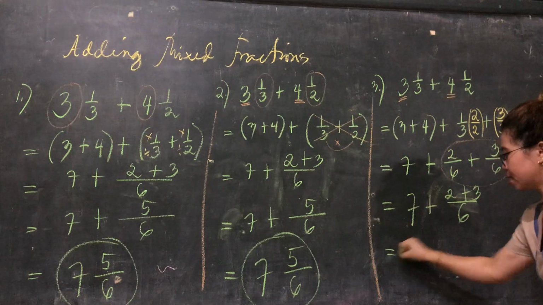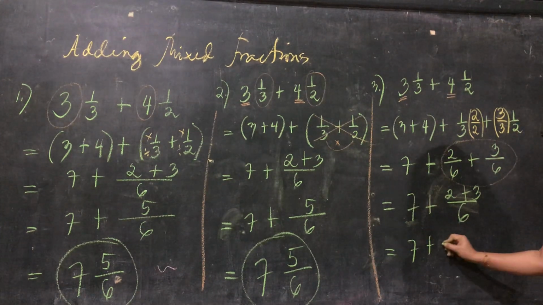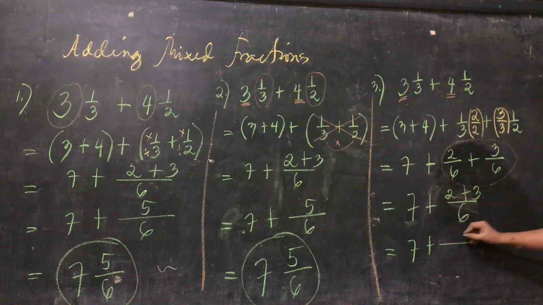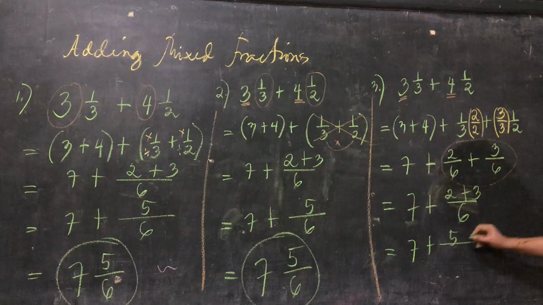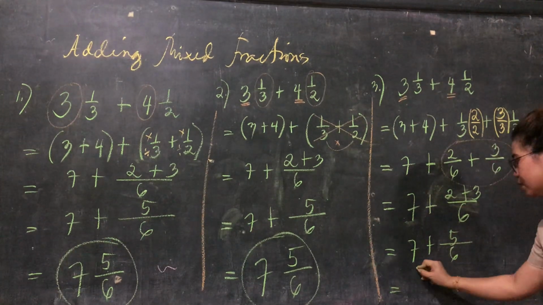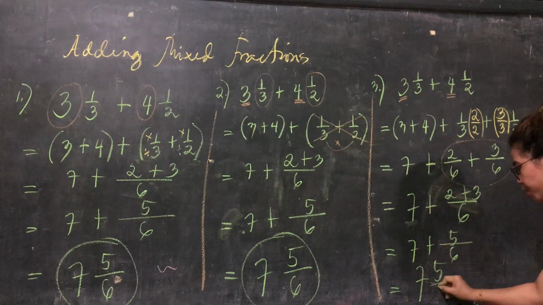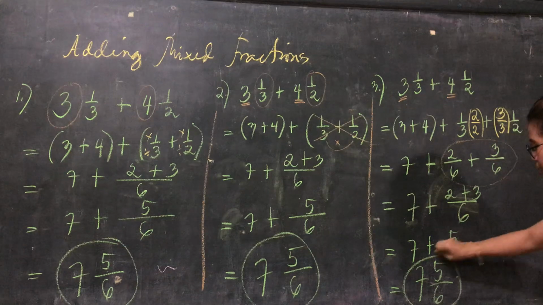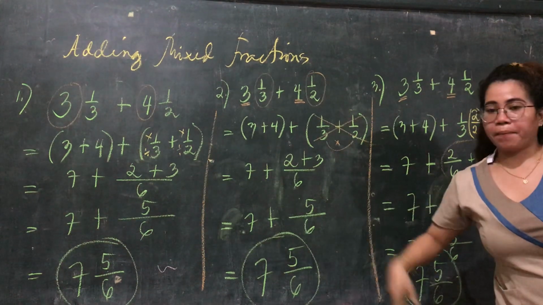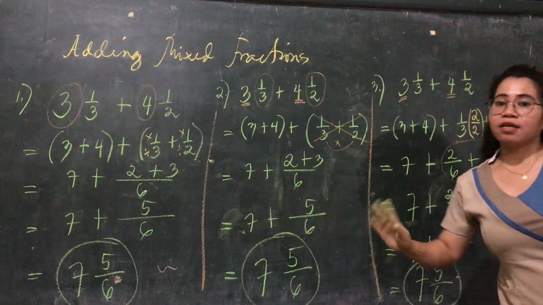Equals copy ang 7. Copy ang plus. Copy ang bar. 2 plus 3, I have 5. And last step is, idikit na. 7 and 5 over 6. So this is the answer. There are 3 different ways and look at the answer. Parehas lang. Just pick one kung asa ka komportable. Thank you.